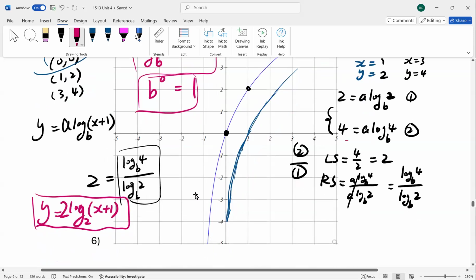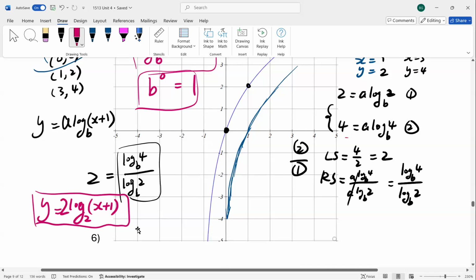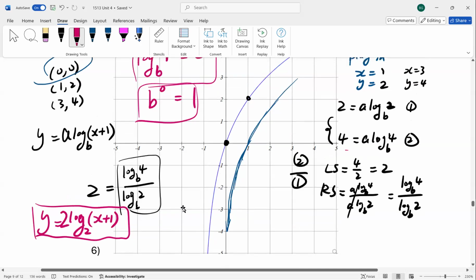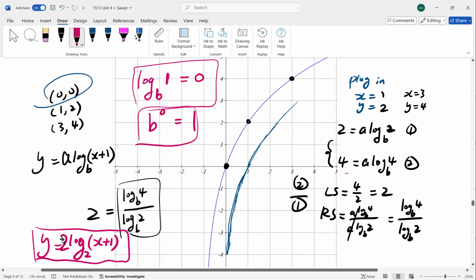So you're going to have to figure out what to let the base and the coefficient be, so the other 2 points can satisfy the equation. You don't want to overthink and find an inconvenient number. Just find some convenient numbers.